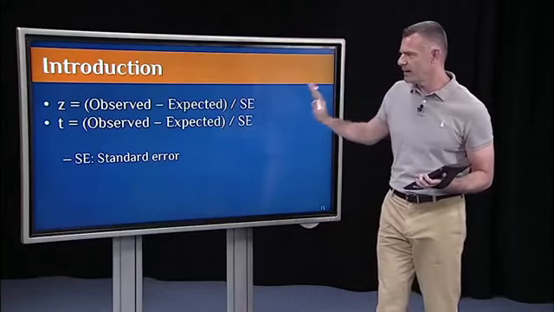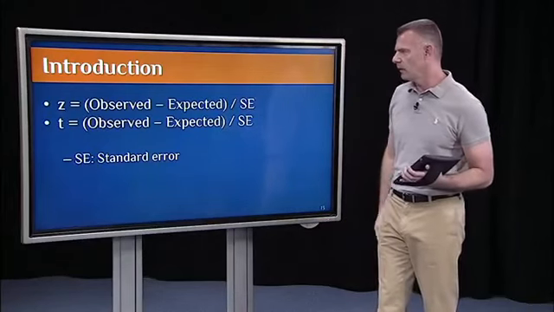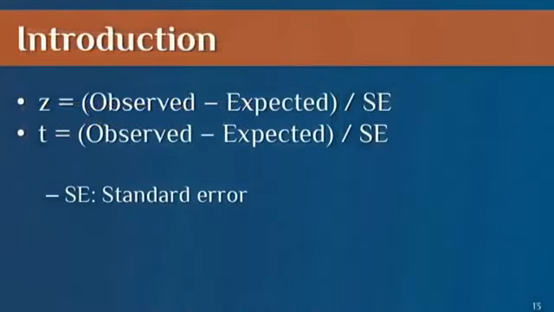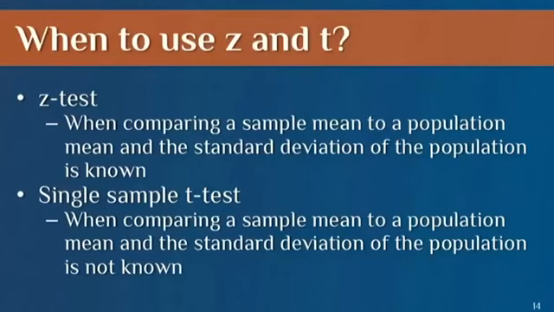In each case, Z or T, the test statistic is going to be some observed value, what we actually observed in our sample, minus an expected value, relative to standard error. So when will you use Z and T?